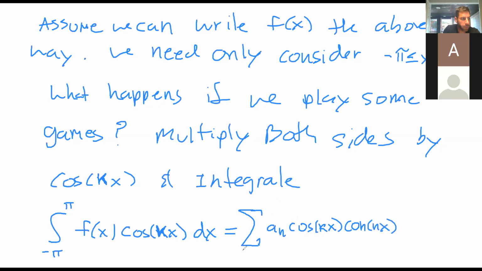This is very important because remember our sum is going from 0 to infinity. n is the index. k is fixed. So maybe k is 10, or maybe k is 300.